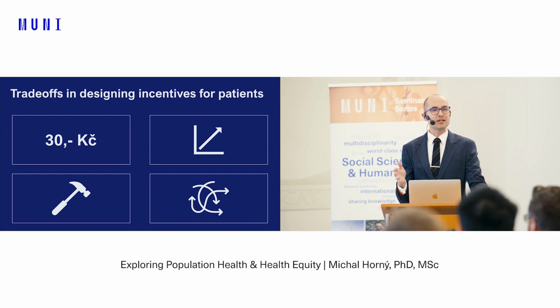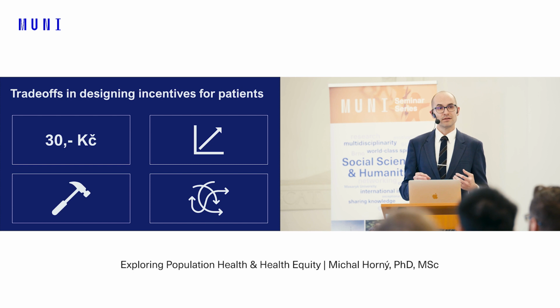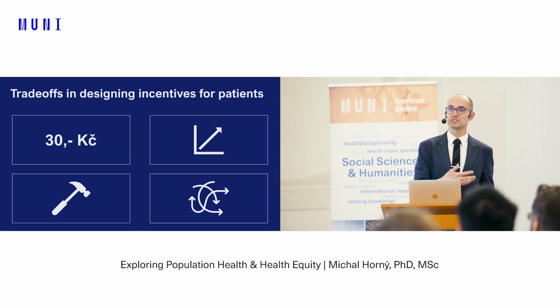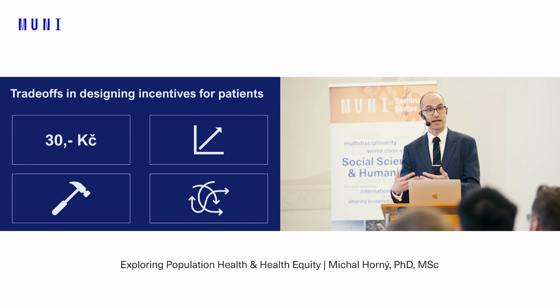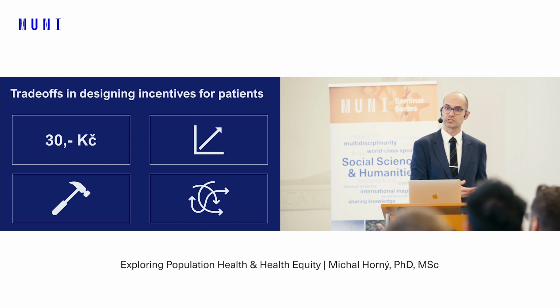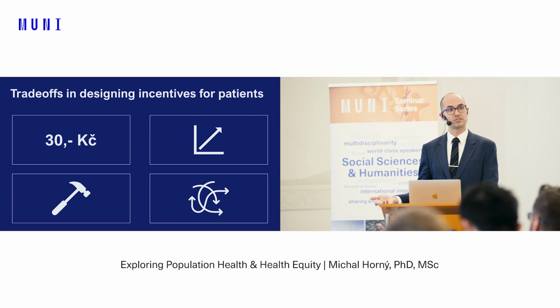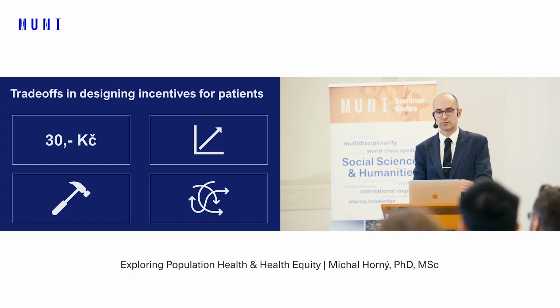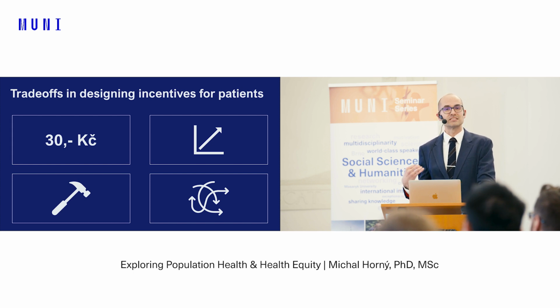In general, there are many trade-offs. There are so many ways to design patient cost sharing, how to incentivize patients to use the care that policymakers think is right, or to achieve equity, to give the resources to those who need them, versus not so many to those who don't. But the problem is that it's really difficult to actually implement that.